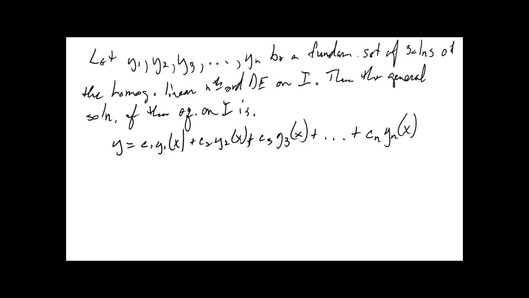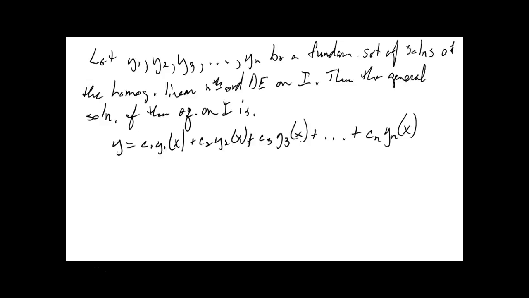Any solution that's going to work for that differential equation can be expressed as some linear combination of your fundamental set. Now, remember, if it's a homogeneous equation, the differential equation is equal to 0 on the right-hand side. So for the trivial solution, your C1, C2, C3, C4, all those are going to be 0.